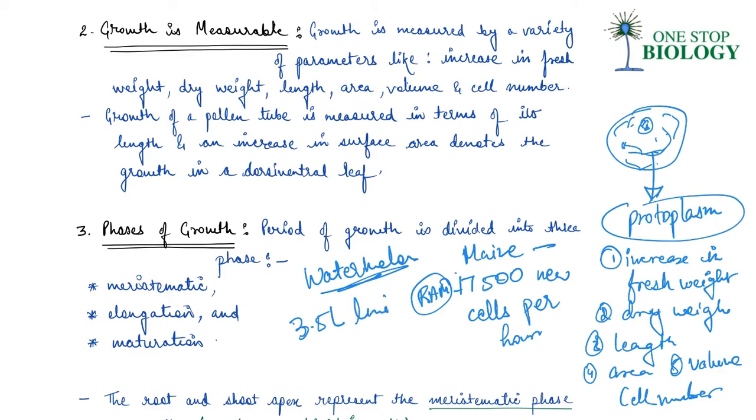Cells of a watermelon may increase by even 3.5 lakh times, right? So if we talk about the maize plant, growth is expressed as increase in cell number. We are counting the cell number. In watermelon, we basically express growth as increase in size of the cell. So both are valid when we say growth is measurable.